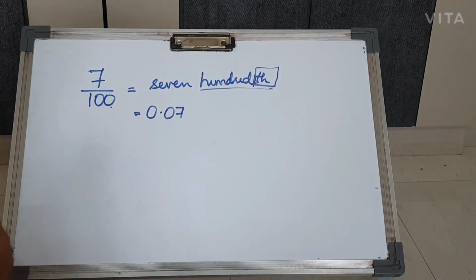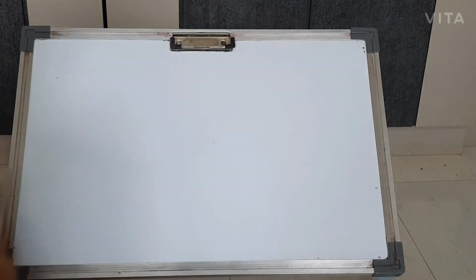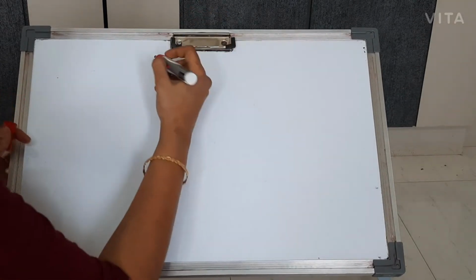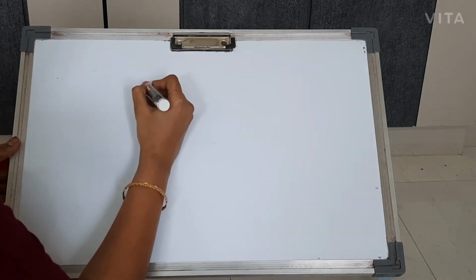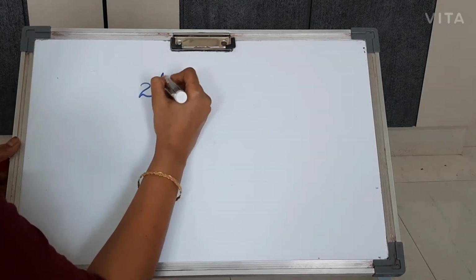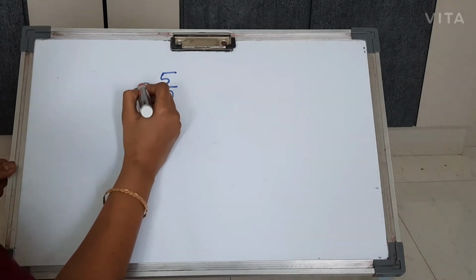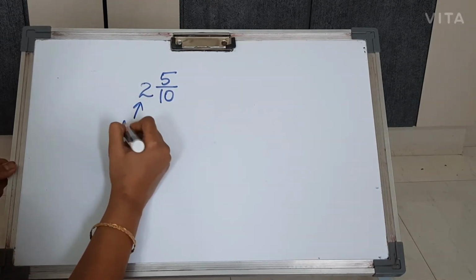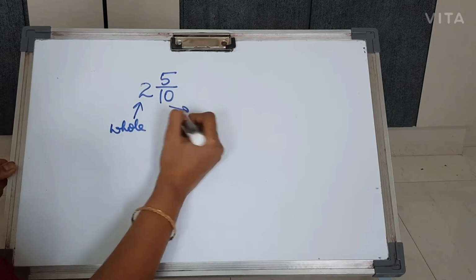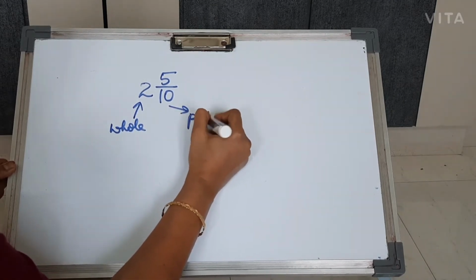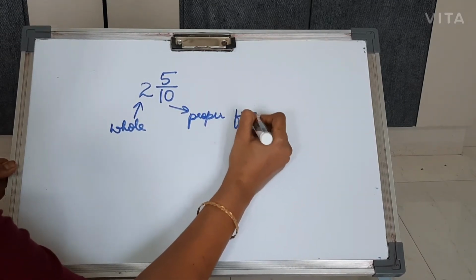Now coming towards the next concept of mixed fraction. We know what a mixed fraction is. Suppose we write a number as 2 5/10. It consists of one whole number and one proper fraction.